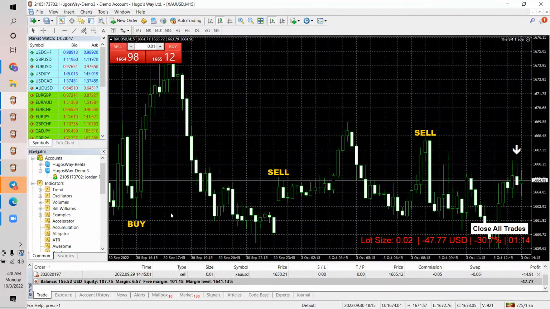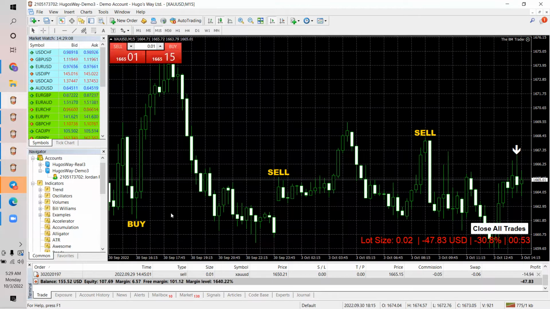And again, this particular strategy works on brokers that are outside of the United States. If you use a broker that is located within the United States region, you cannot do this strategy. There is a particular rule out there, I believe it's called FIFO, first in, first out, and that rule is applied.